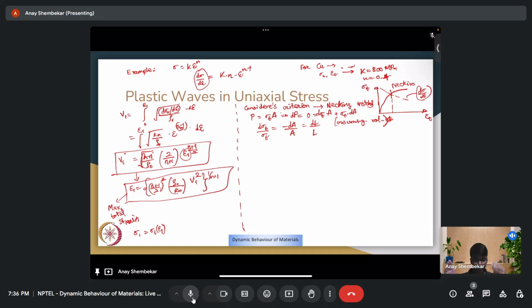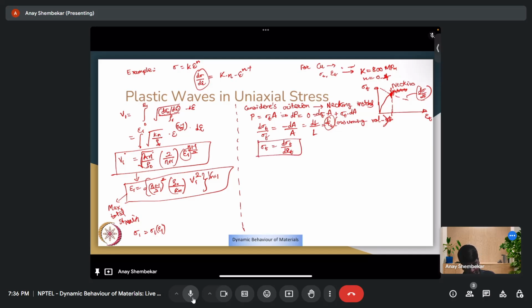So the true stress strain curve, if we ever draw it, has to be only considered till the necking point. We will not look at the region ahead of it. And from this relation, we can figure out that this is nothing but the true d epsilon, the increase in the true strain, which gives us d sigma by d epsilon equals sigma.